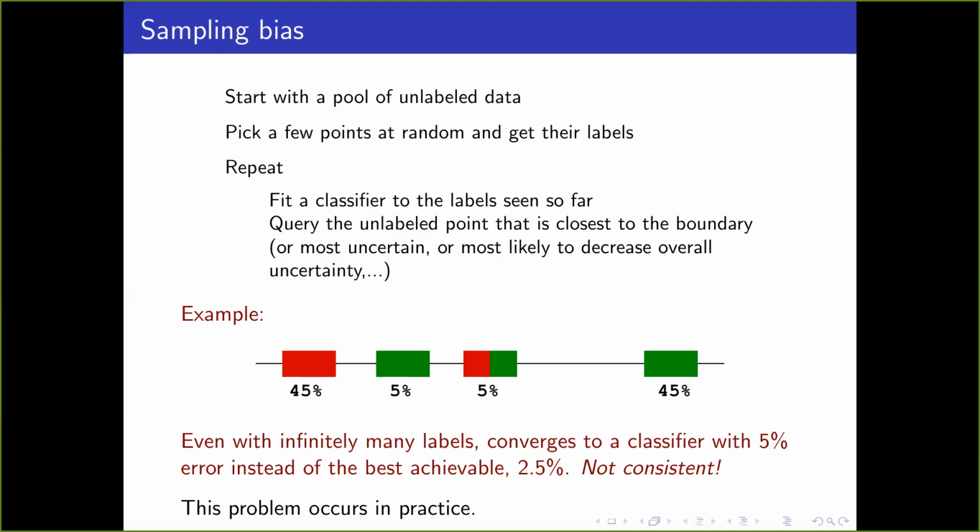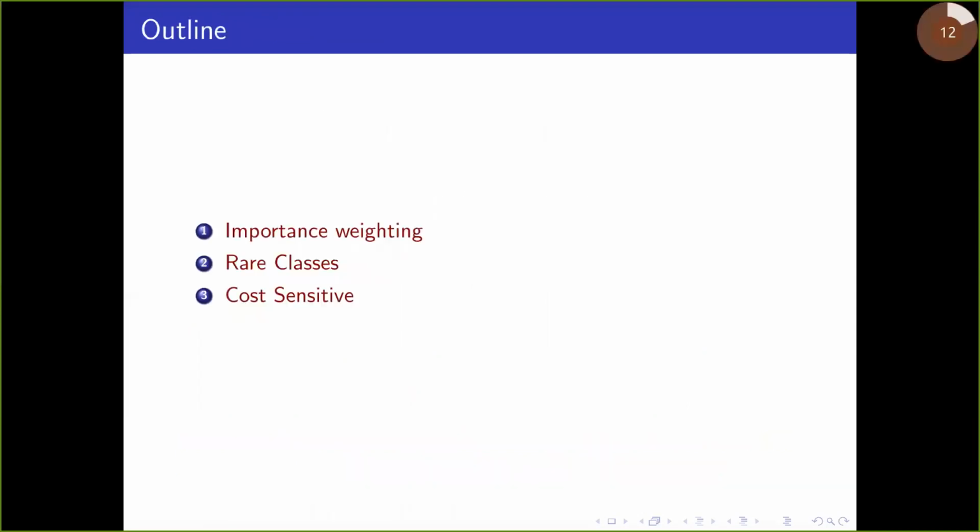So what I'm going to be talking about mostly is how to create active learning algorithms that do not have this failure mode, which will work in the presence of arbitrary noise and will eventually converge to giving you the best possible answer. There are kind of three pieces. One piece, we're going to talk about how to use importance weighting, which we're familiar with from contextual bandits. In the other piece, we'll talk about how to deal with rare classes. And in the third piece, we'll talk about how to deal with cost-sensitive multi-class classification.